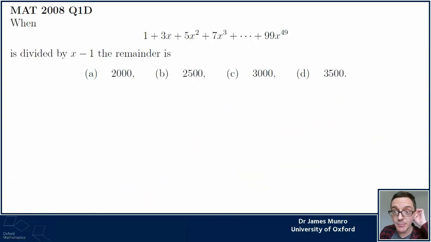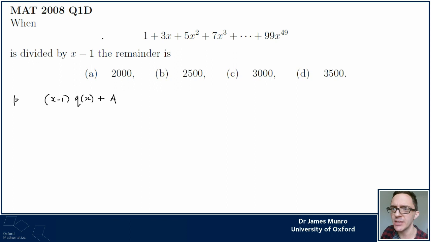So when this is divided by x minus 1, the remainder is... The fact that we're going to use to get started with this question is that when it's divided by x minus 1, it will be x minus 1 times q of x plus some number, like a, for the remainder.